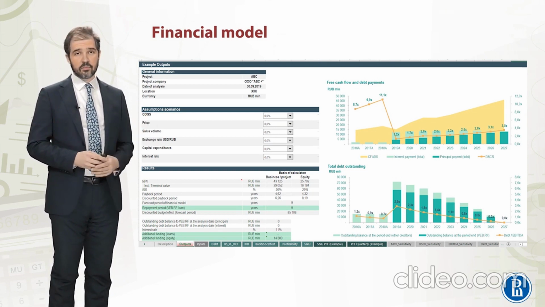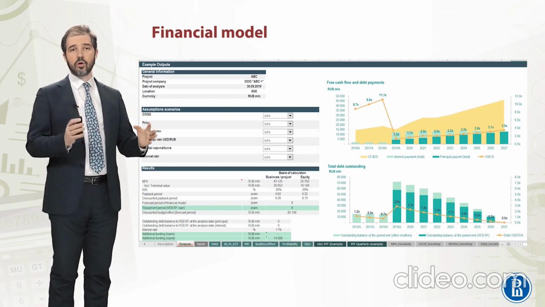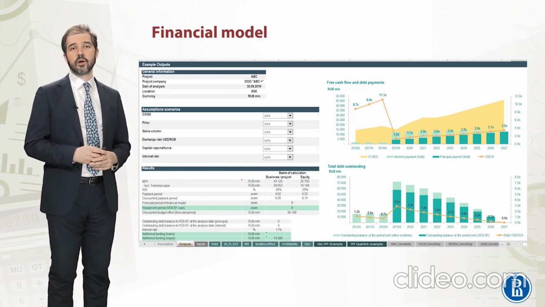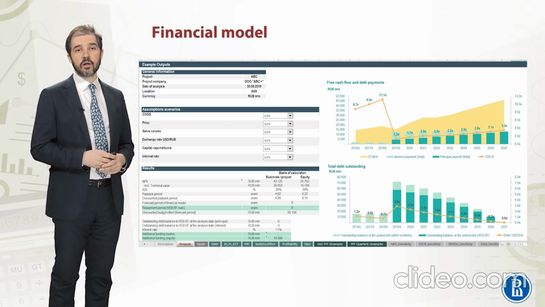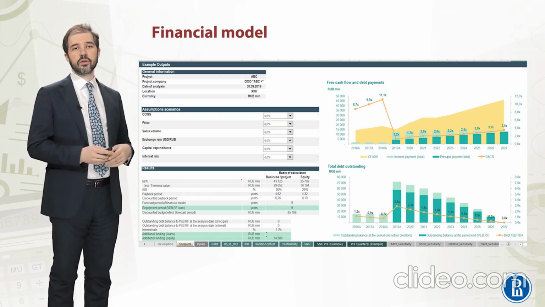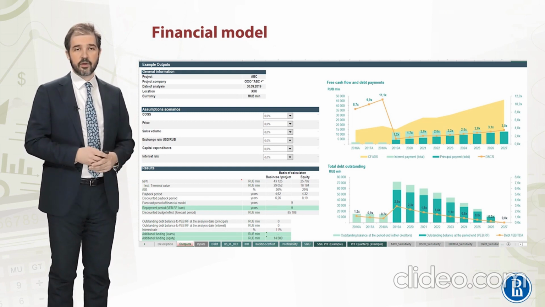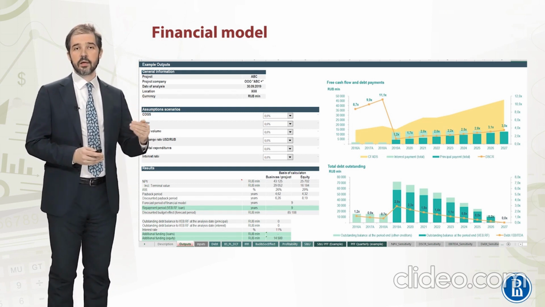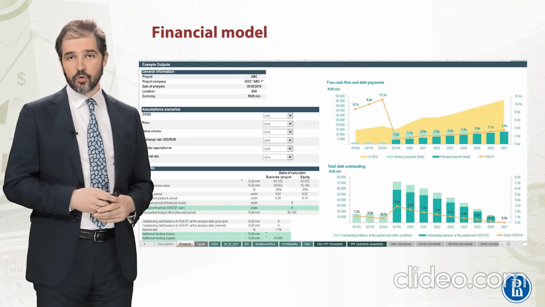We see just a name and brief description and a block with different switches and buttons for selecting different changes in assumptions. For example, changes in prices, in quantities, in capital expenses, in operational expenses, whatever, depending on the particular needs for the project.